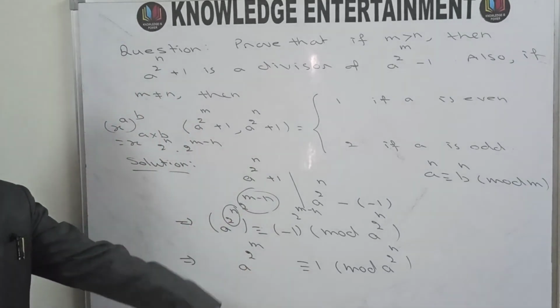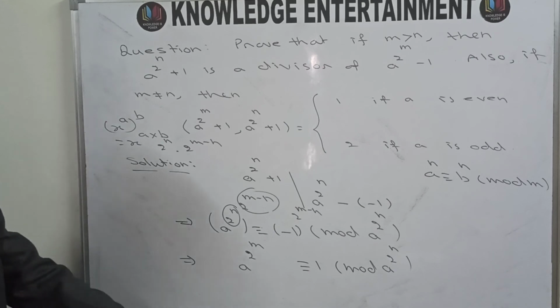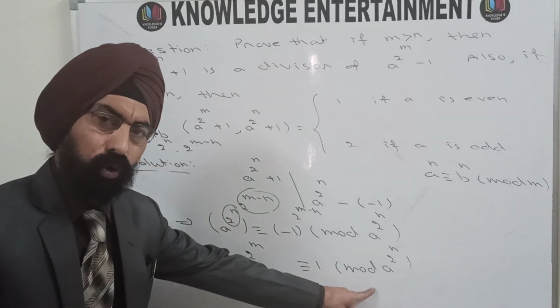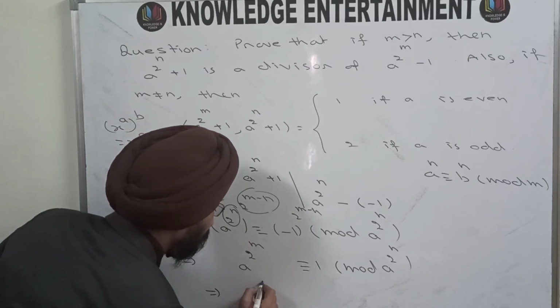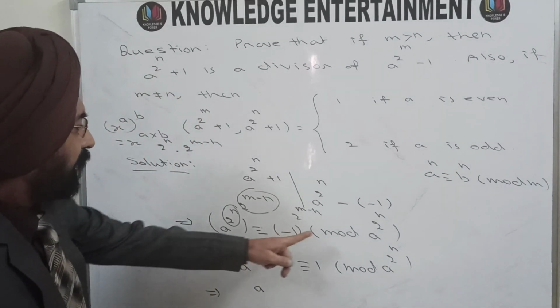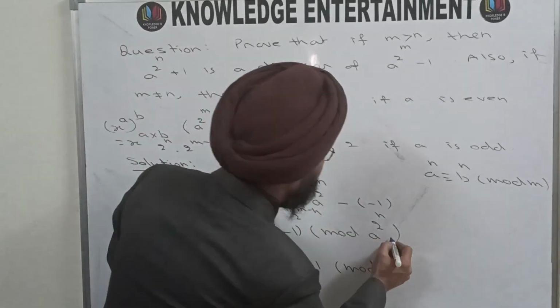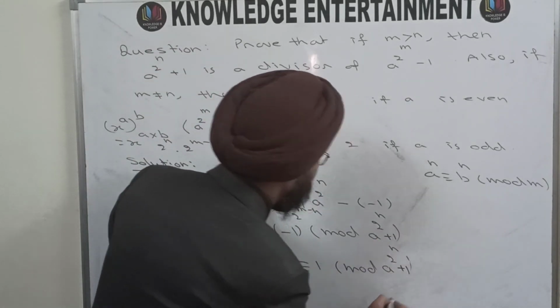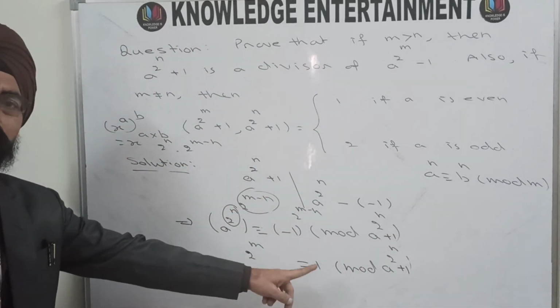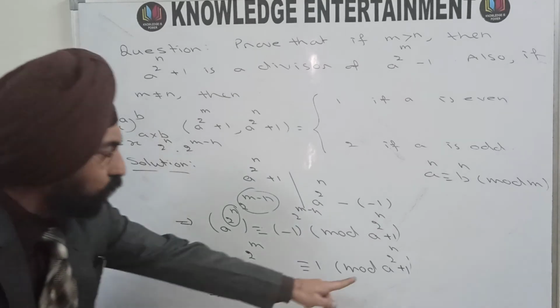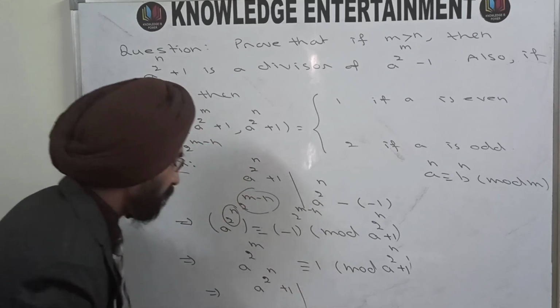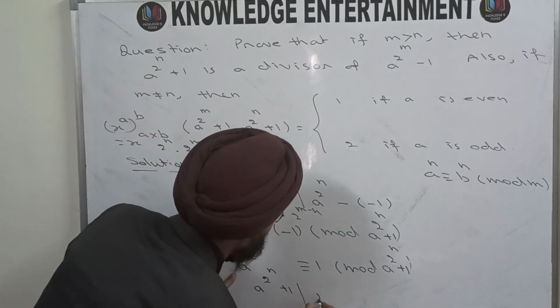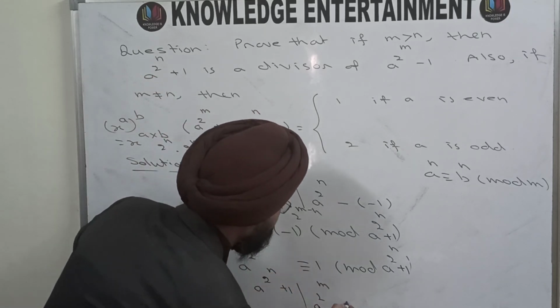Now come back from the theory of congruences to the theory of divisibility. A is congruent to b modulo m, and now write it in the divisibility form. Here I have written it wrongly, it was plus 1 here also, sorry for that. So from the congruence form to the divisibility form, a raised to the power 2 raised to the power n plus 1 divides a raised to the power 2 raised to the power m minus 1.